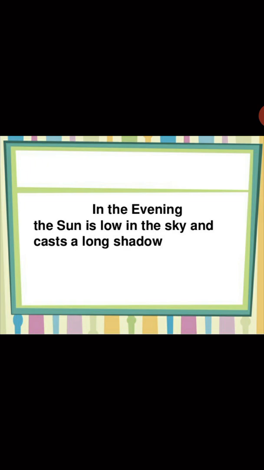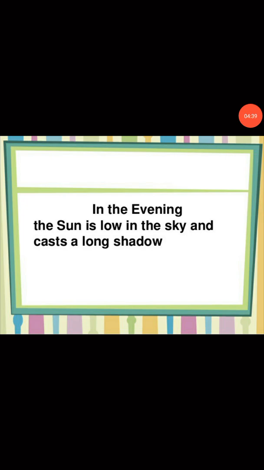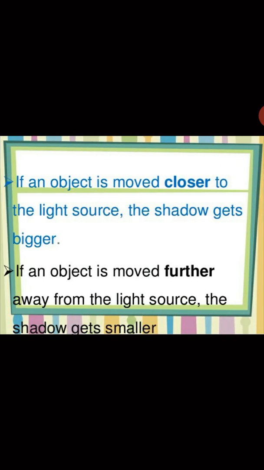While in the evening also, again the sun sets, so it is again lower in the sky. So at that time also, the shadows are long. So during early morning and evening, the shadows are long, while in afternoon, shadows are short due to the position of the sun.